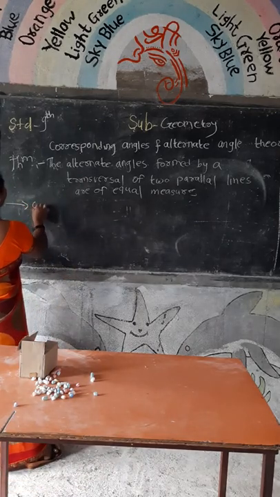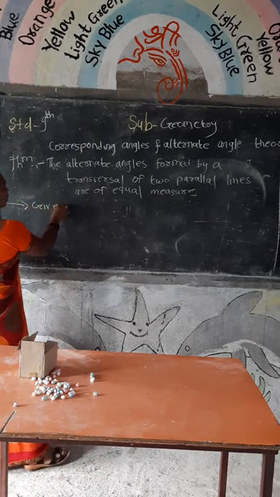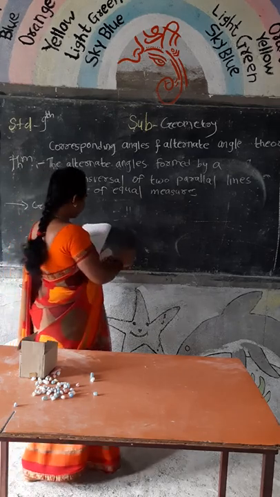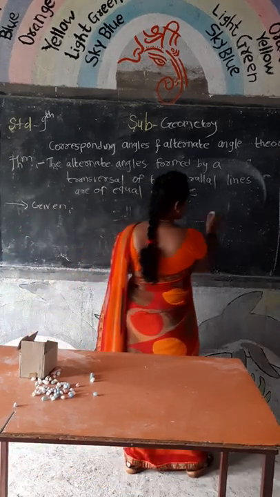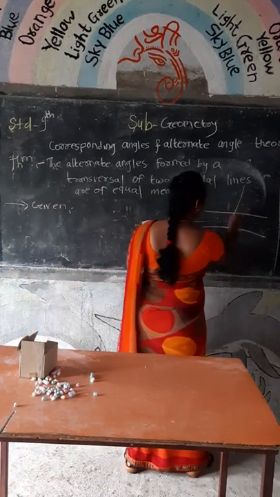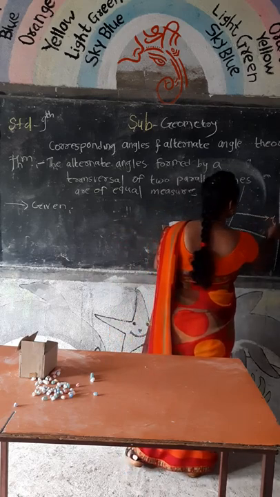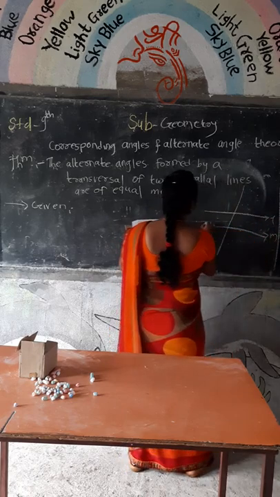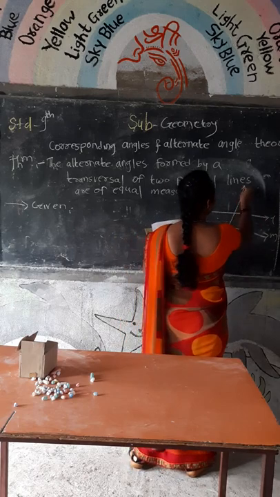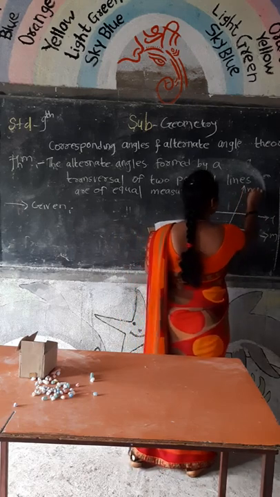The proof is: we draw a diagram of two parallel lines formed by a transversal. Line L and line M are two parallel lines and line N is a transversal.